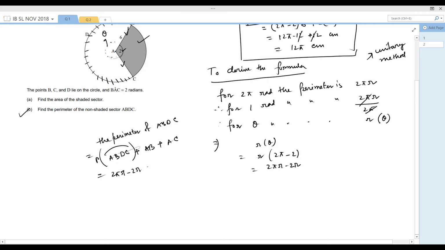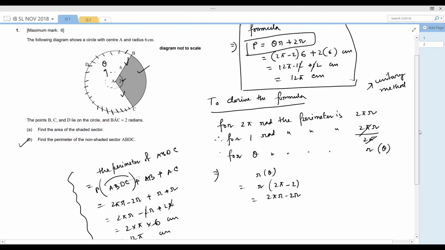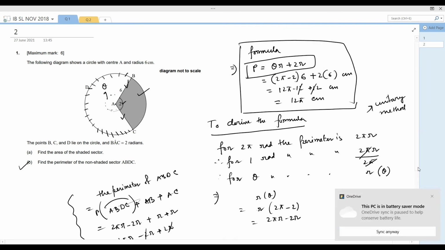Plus r plus r. So we get 2 pi r minus 2r plus 2r, the 2r cancels out, so 2 into pi into 6 equals 12 pi centimeter. This is the answer. So if you don't know the formula, you can derive it and still do the sum. This first problem is done.